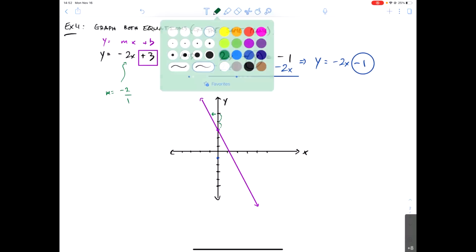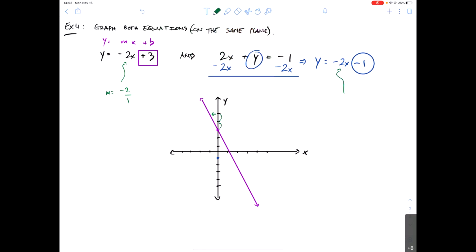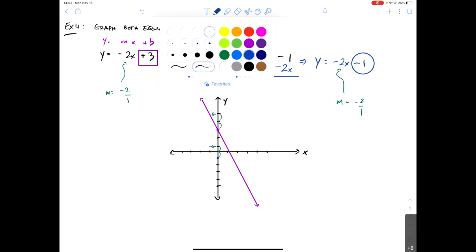Hopefully you notice that, hey, look, the slope is the same. Very similar, right? Negative 2 over 1. So you rise 2, and then you're going to go to the left once because it's negative. Draw your little point there. And then you draw your graph.